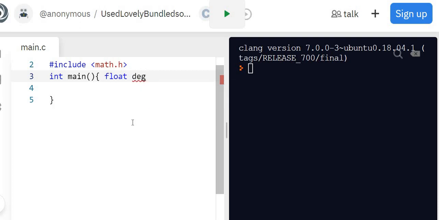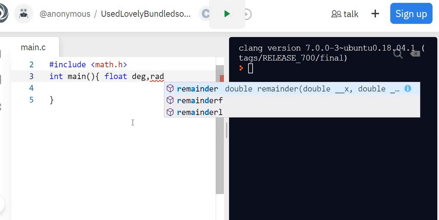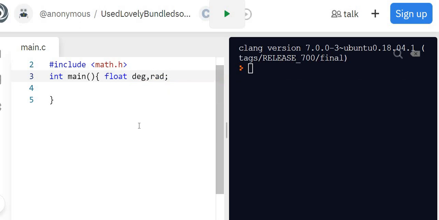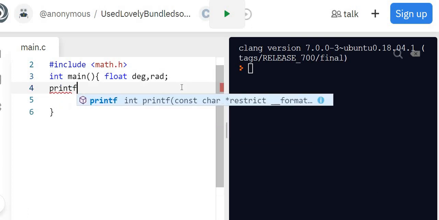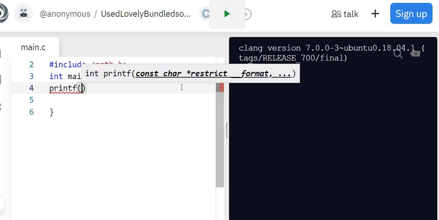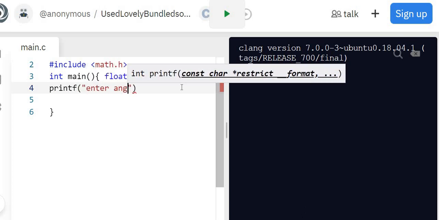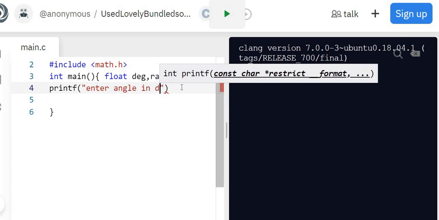So let us read the angle in degrees and then convert it into radians and then see how the sine is given. So let's take the angle in degrees from the user. Enter angle in degrees.